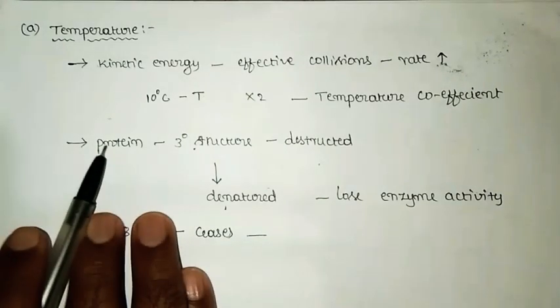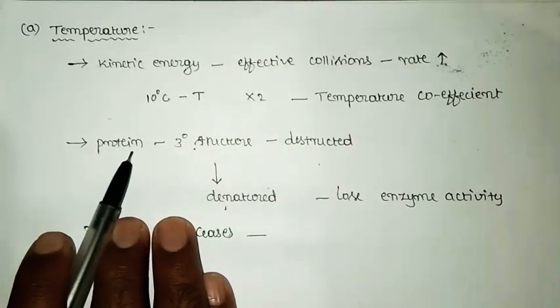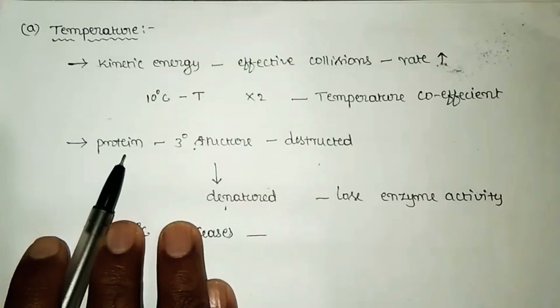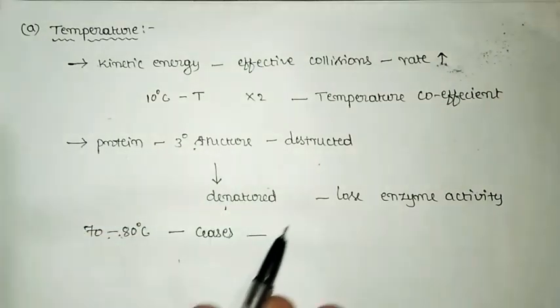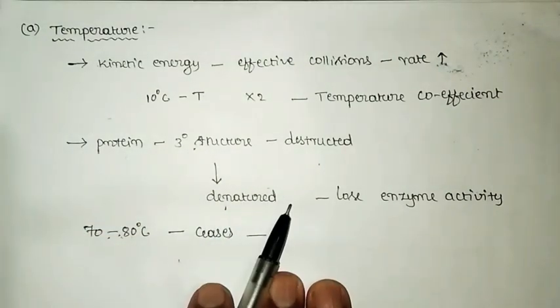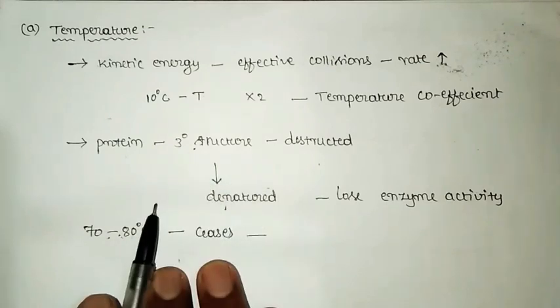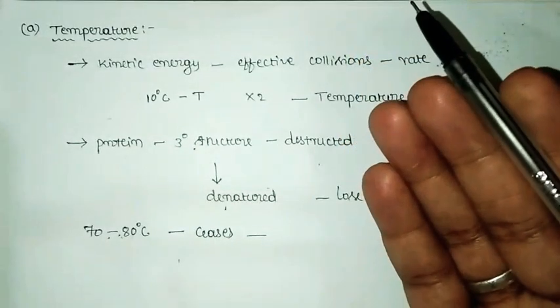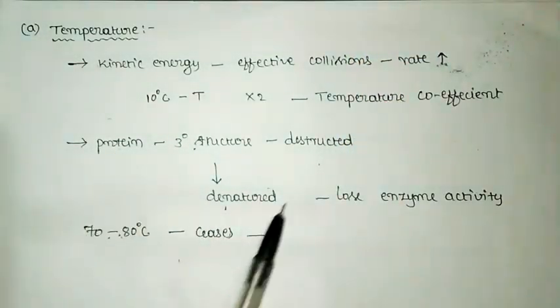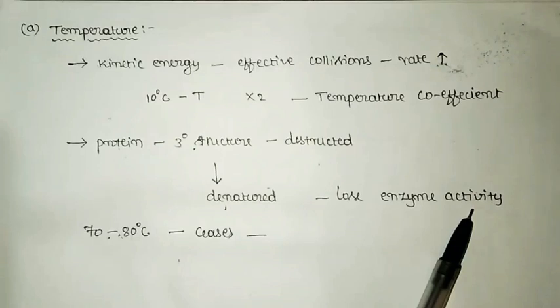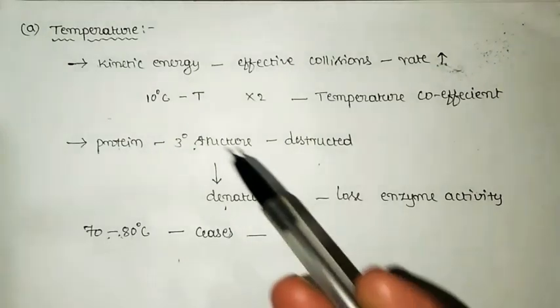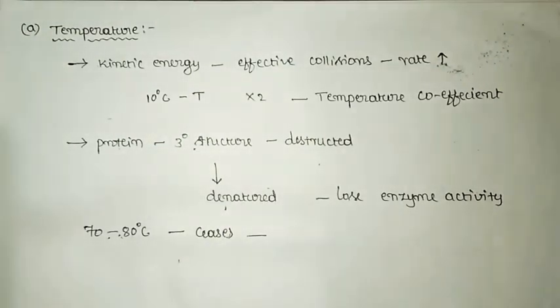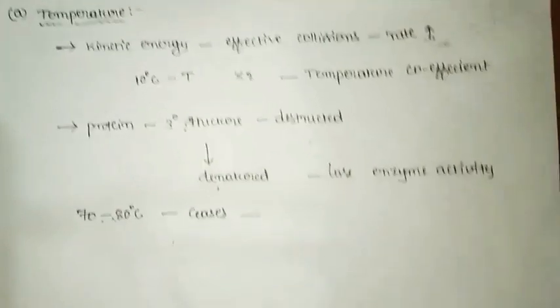The reason is that the tertiary structure of the protein part of the apoenzyme has been denatured. And you might get a doubt: if you increase the temperature beyond a particular temperature, the protein part will get denatured and lose its enzyme activity, but if you decrease the temperature, what will happen? That is also very important.